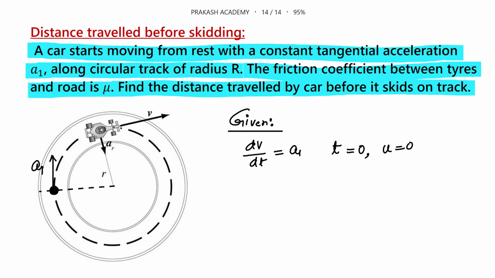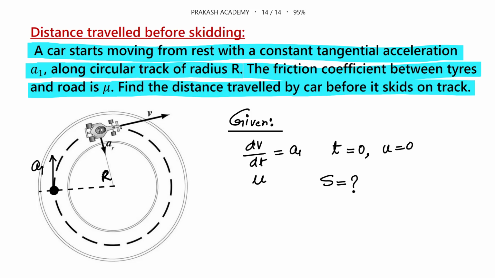The radius of the circular path is given, let's call it r. And the friction coefficient mu is also given. We have to find the distance traveled before it just starts skidding.